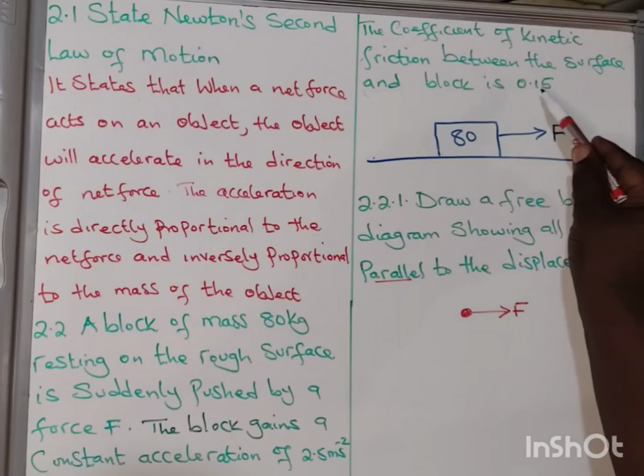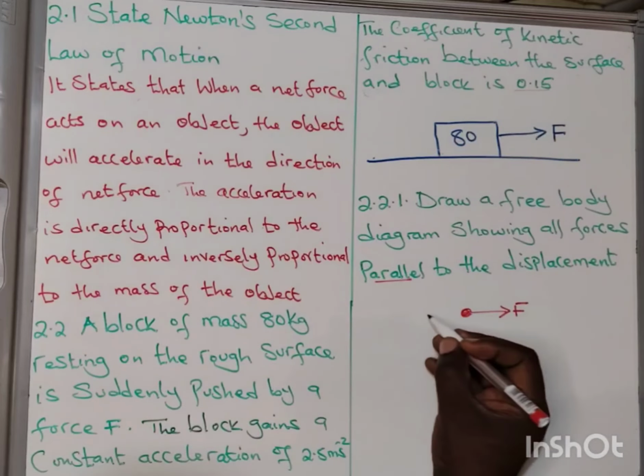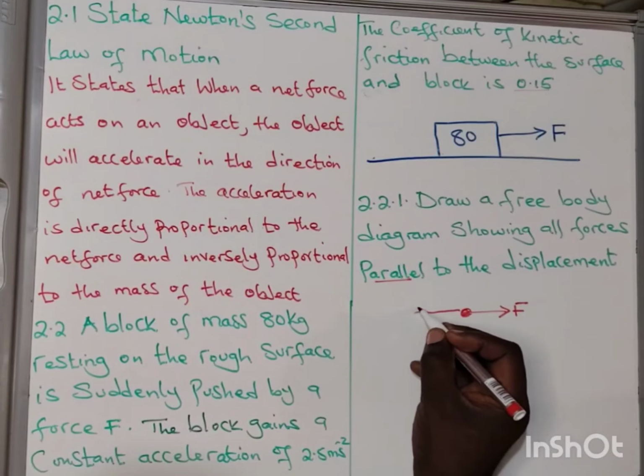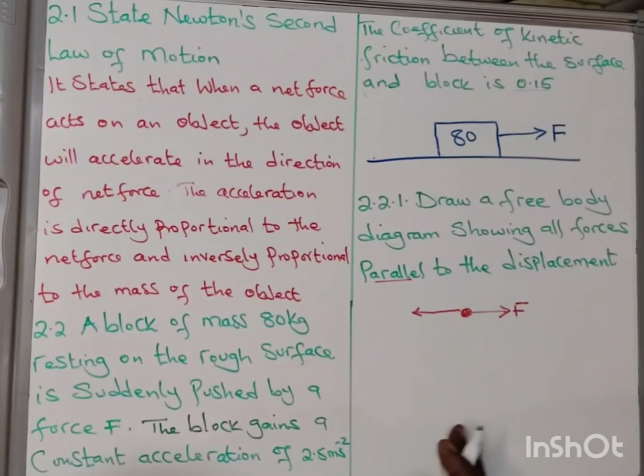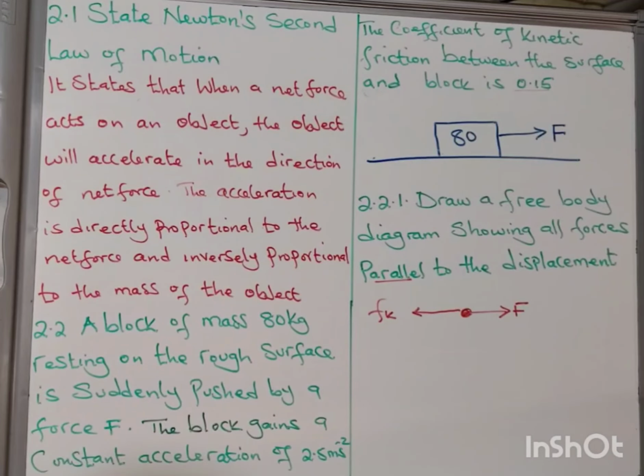Remember, here we are talking about the coefficient of kinetic friction. That implies that there is a friction force. So the friction force comes here because it always opposes motion. We have it here as our Fk. And those are the only two forces in play which are in the direction of displacement.